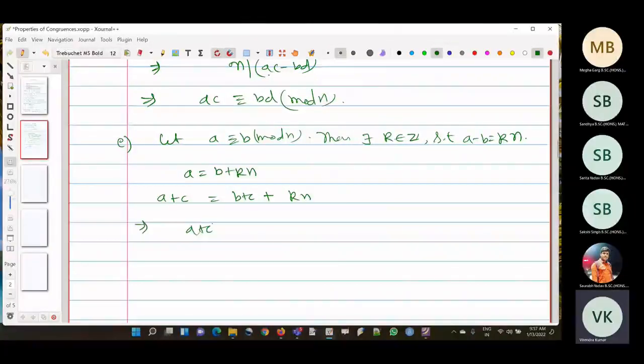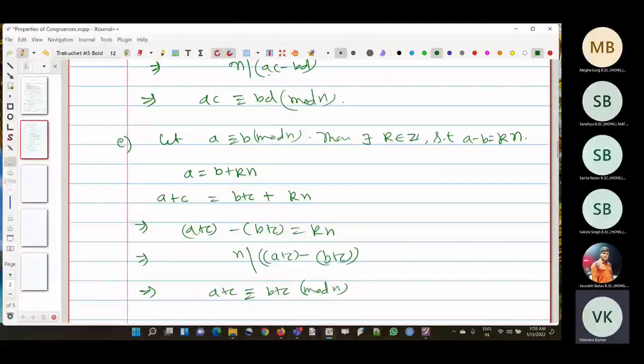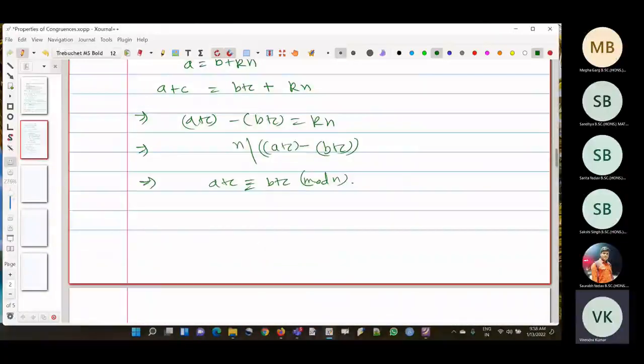This implies that A plus C minus B plus C is equal to k times n. And this implies that n divides A plus C minus B plus C. All right. And therefore A plus C is congruent to B plus C modulo n.